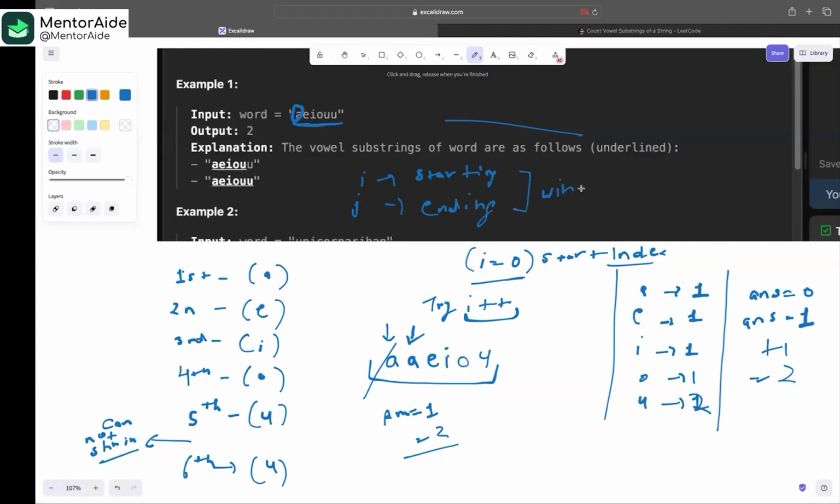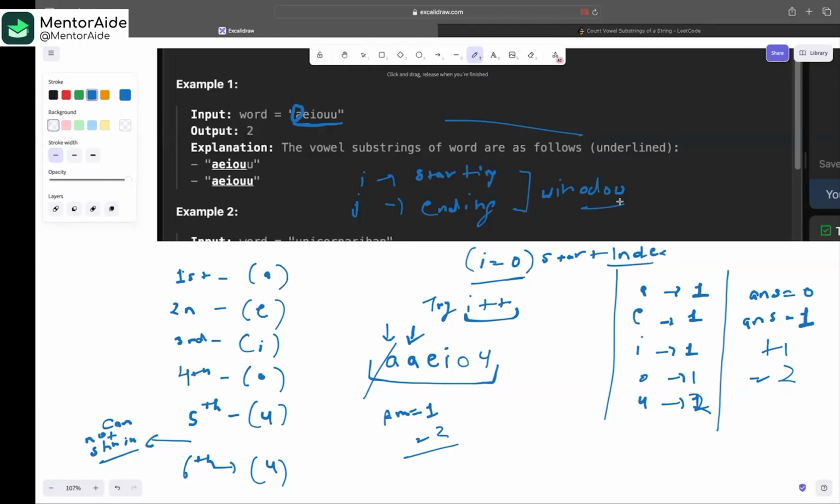You need to know when to change the value of starting and when to change the value of ending. Whenever we are shrinking, most of the time you will change the value of I, because you have not tried out the combination with the next J and you already know that I have already used it. Now you try to slide the window or shrink the window to see if you can still achieve the same constraints which you are looking to achieve.